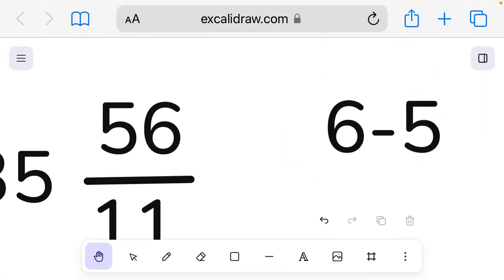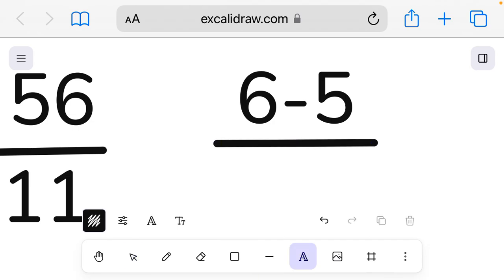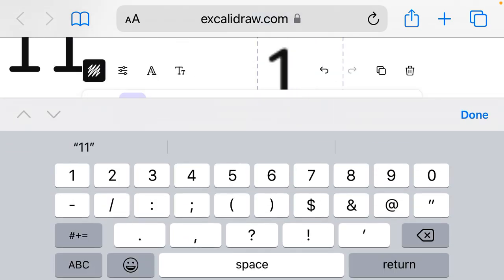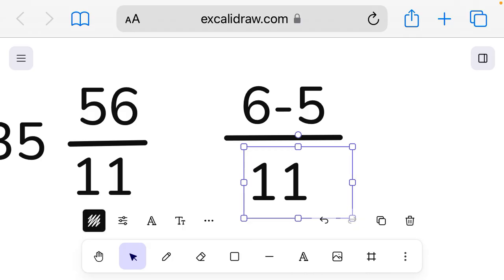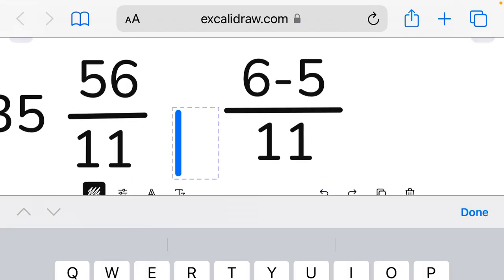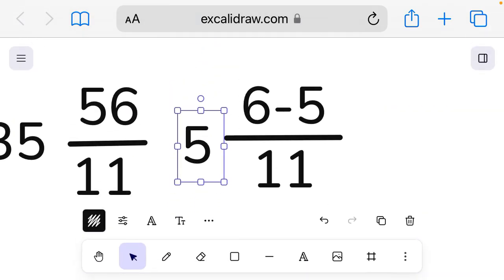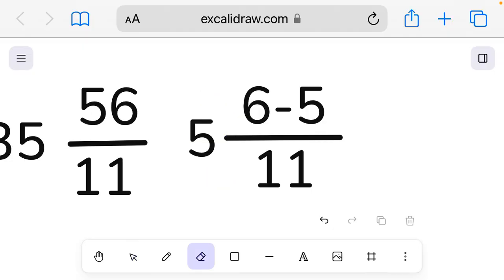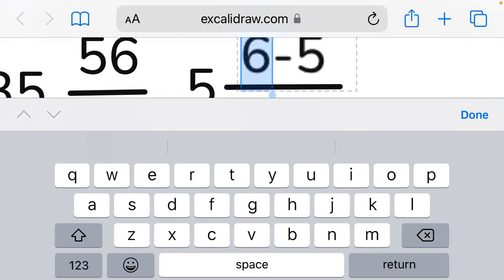Then take that number on the right, and bring it there. And then all you do is subtract 6 minus 5. That's 1.